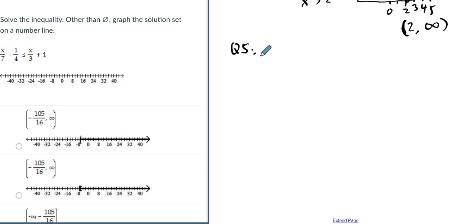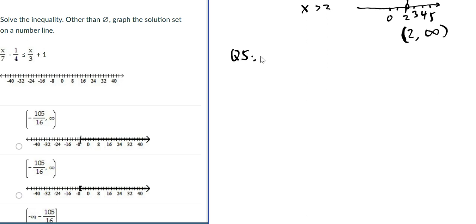For question 5, we got fractional numbers. So, for the fractional numbers, do not be scared. x over 7 minus 1 over 4 less than or equal to x over 3 plus 1.